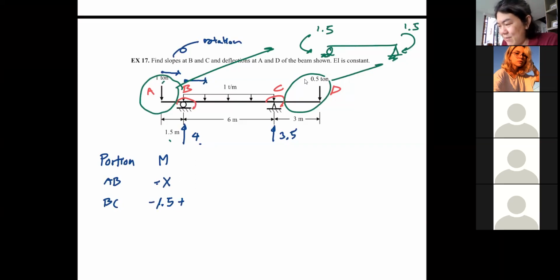So the reaction here, we need another free body diagram. Sorry, my apologies. So we have this 1 and then reaction at 4. So the free body diagram at the beginning of this portion, the shear is down to just 3. Right? And then minus W, which is 1, x squared over 2.